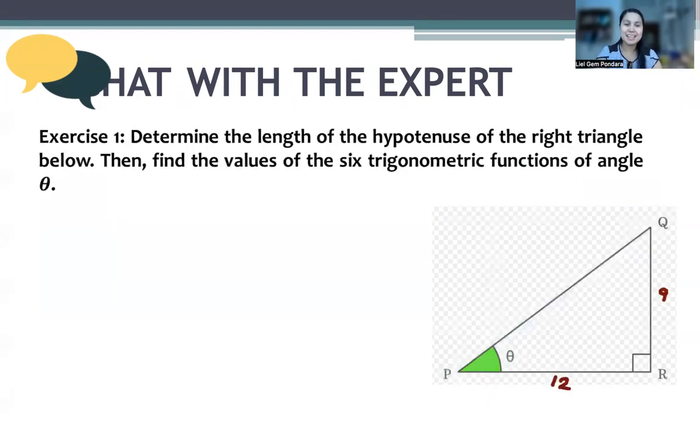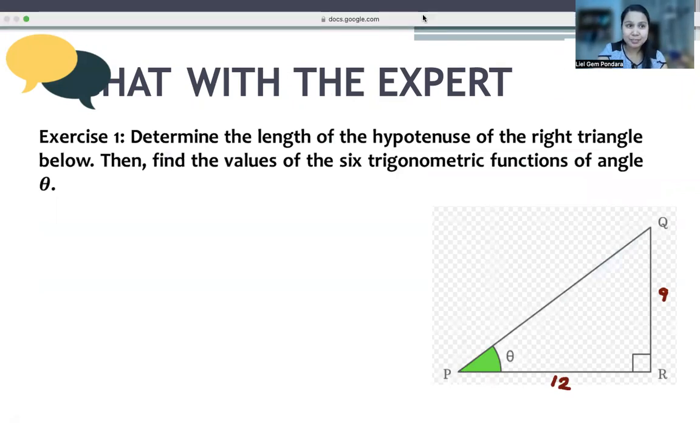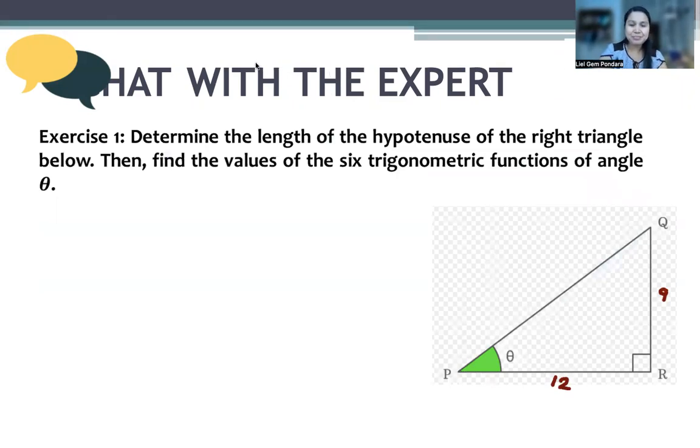Now, let's start. First, we determine the length of the hypotenuse of the right triangle below. Then, find the values of the 6 trigonometric functions of the angle. Let us start now.